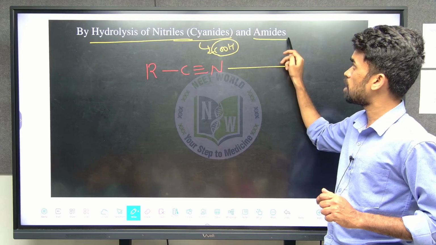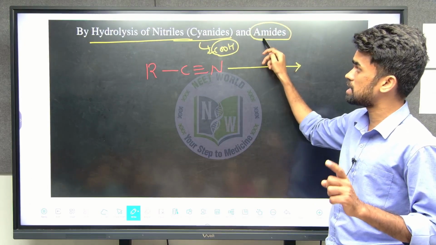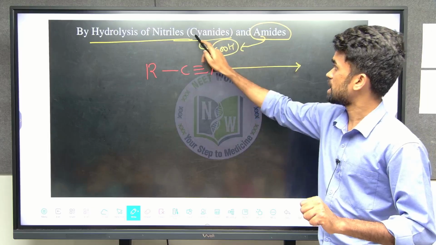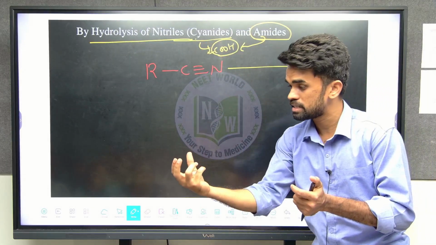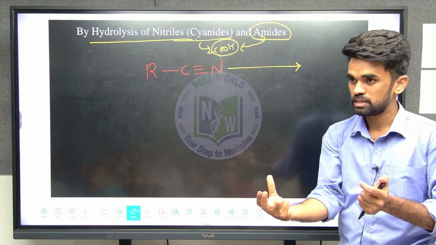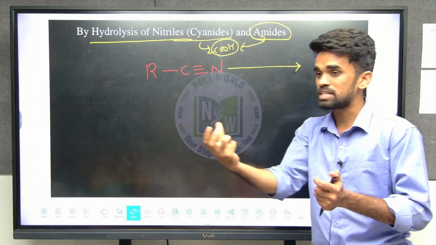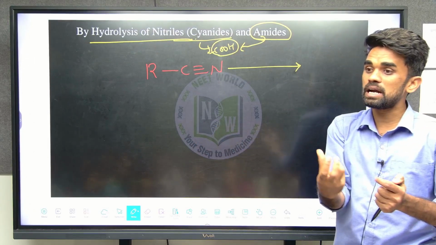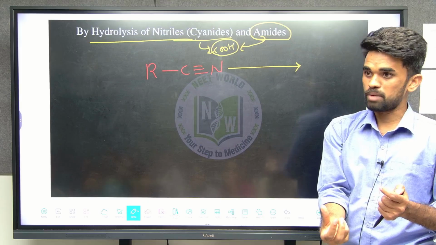And amides upon hydrolysis also give carboxylic acid. Look here, cyanides on partial hydrolysis first produce amides. Upon complete hydrolysis they produce carboxylic acids.